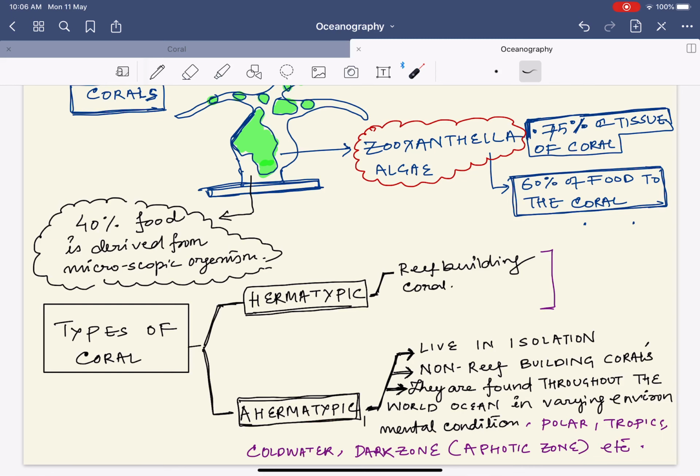If you don't know about the aphotic zone, I would request you to watch my video on the physical conditions of the ocean water. See, this is simple. Hence, what we got from this is that we can find corals anywhere in the world, but reef building corals are not found everywhere. Rather, they are found only in tropical water, or we can say they are confined to the tropical region.